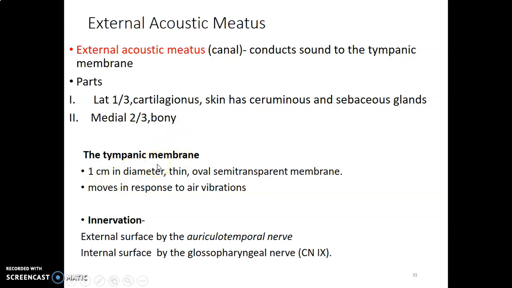It's thin, oval, and usually semi-transparent, so it's able to move in response to vibrations of the air. What's the innervation of the external acoustic meatus? The external surface is by the auriculotemporal nerve, while the internal surface is innervated by branches of the glossopharyngeal nerve.